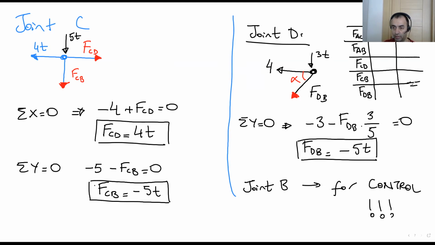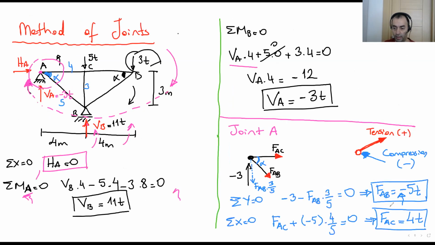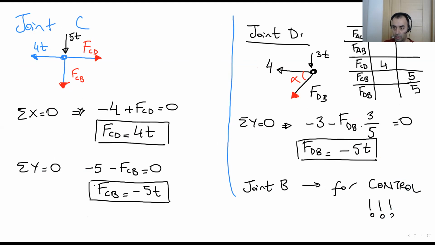This is 5 because negative is here. The minus shows it's compression. FCB, CB here 5, and then FCD 4. Let's go back. FAB -5, AC 4, AB 5.